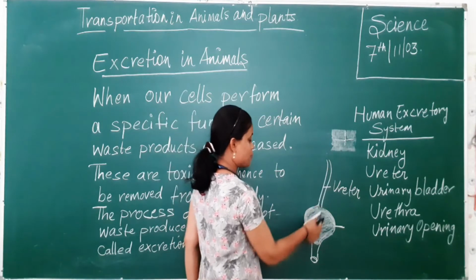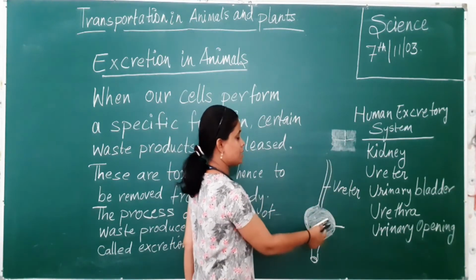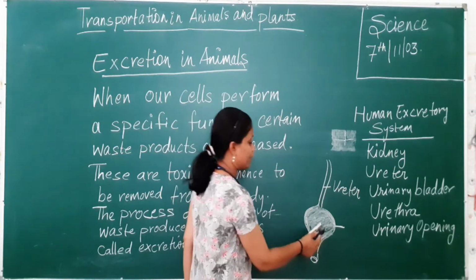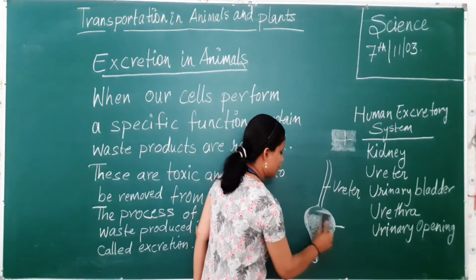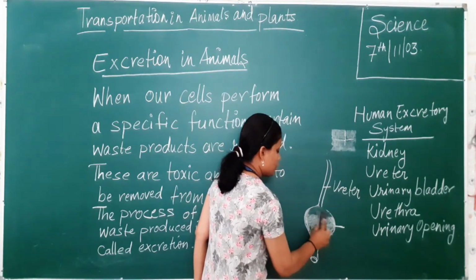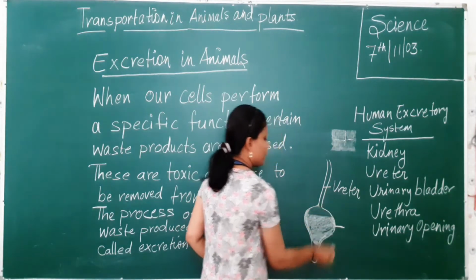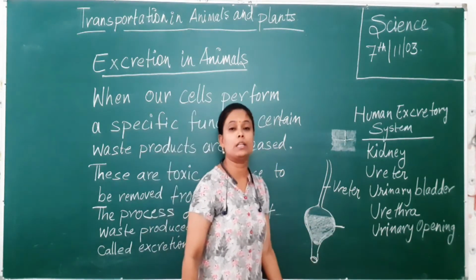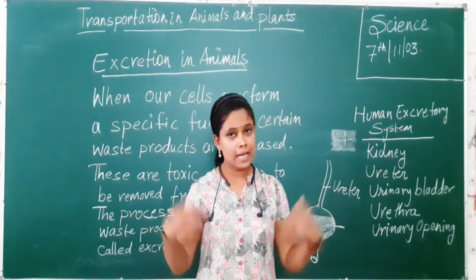Through the ureter, waste material is entering in. Suppose this is empty, okay? Look here. Only this much is filled. In this condition, there is no change in our body. We are in a relaxed position, as I am right now.